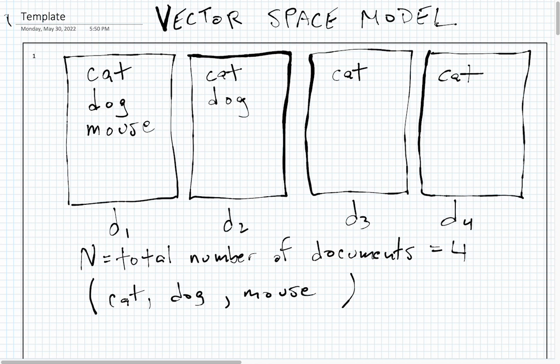And in fact, the vectors will be referring to somehow some mathematical quantity that is related to these words here. So I'm going to come over here and I'm going to say that word 1 is equal to cat, and I'm going to say that word 2 is equal to dog, and I'm going to say that word 3 is equal to mouse.